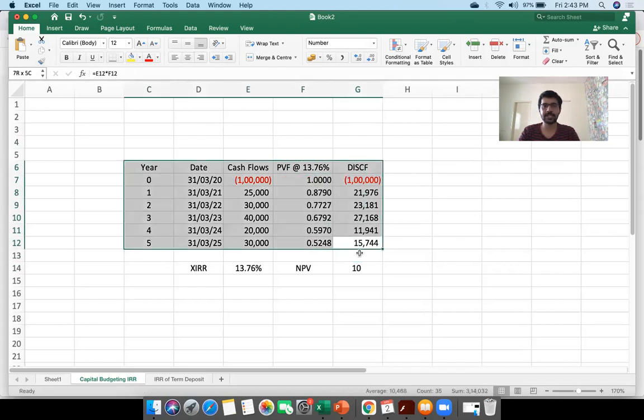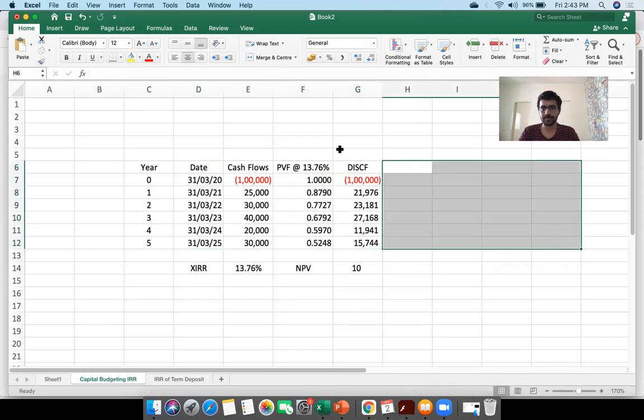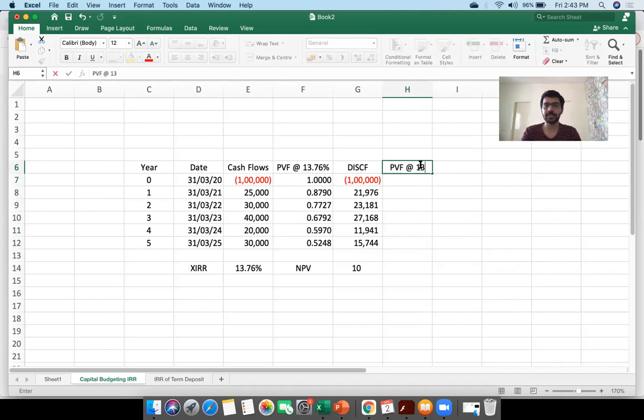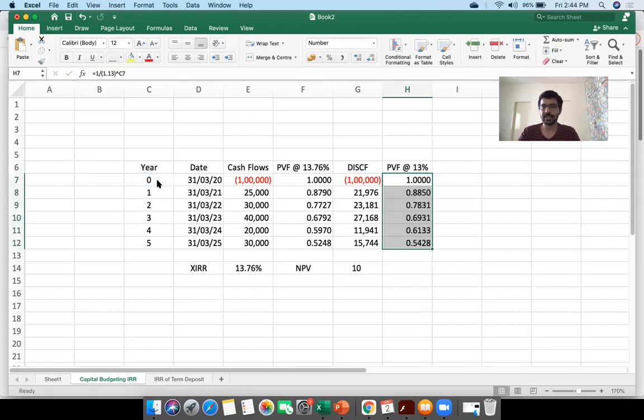Sorry, give me a second, guys. So if I calculate the present value factor at 13%, it would be 1 divided by 1.13, the whole power, again, of course, n, right? I drag this, and now I'm calculating the discounted cash flows at 13%.